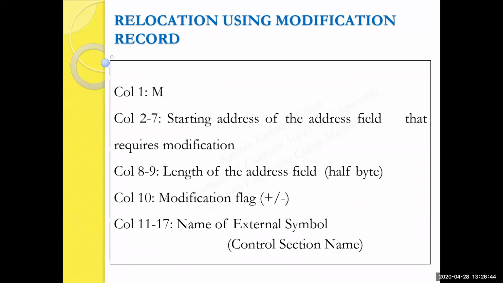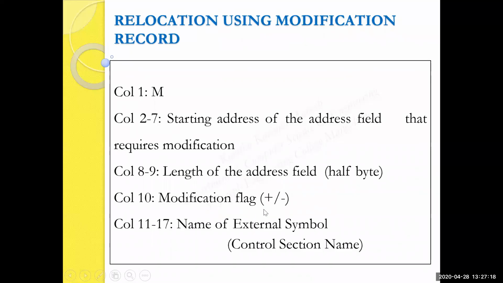To identify those portions of the object program that require modification, we have seen that the modification record technique can be used. In this scheme, we identify those portions of the object code that require modification by specifying the starting address of the field that requires modification in columns 2 to 7 of the modification record, along with an indication of the length of the address field that is to be modified in half bytes.